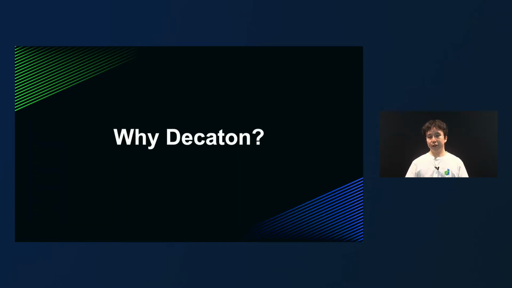Now, why did we develop Decaton, not using the existing consumer framework? In order to talk about that, I'd like to first of all introduce the basic architecture of Kafka that you might be familiar with.